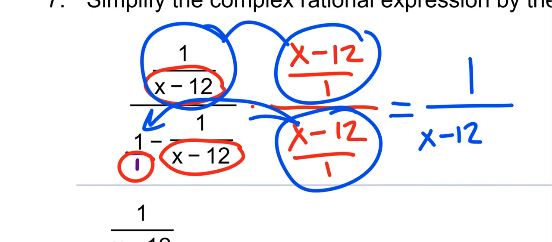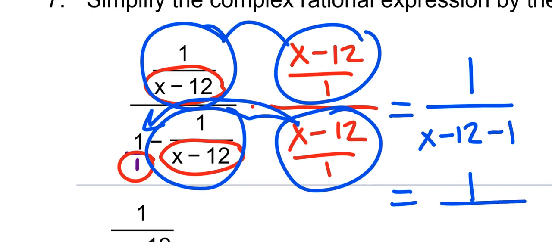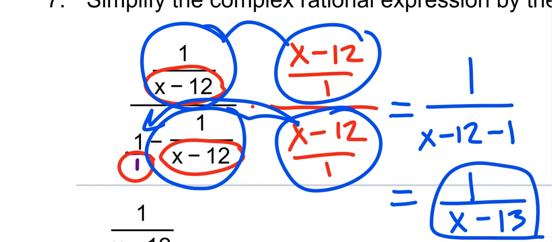And then what do you get when you take this times this thing? Be very careful. You're very, very close. Minus 1. You forgot the negative in front. You had the right idea, though, with the canceling. So what's my final answer? 1 over? X minus 13. Thank you very much.